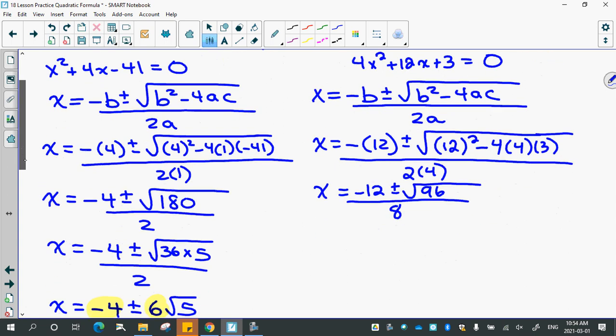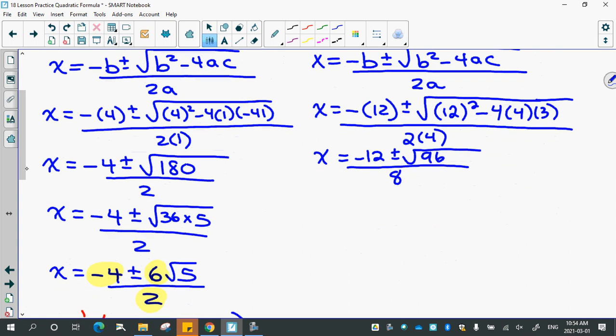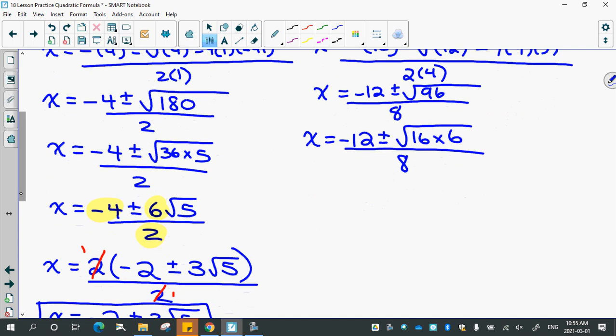So then you have to find the biggest perfect square that goes into 96. And it should turn out to be 16. So then I can rewrite the square root of 96 as 4 root 6.